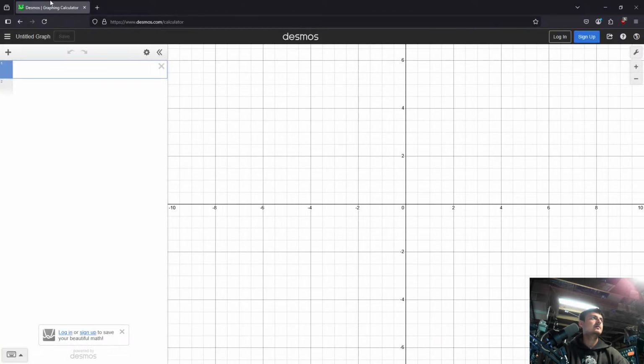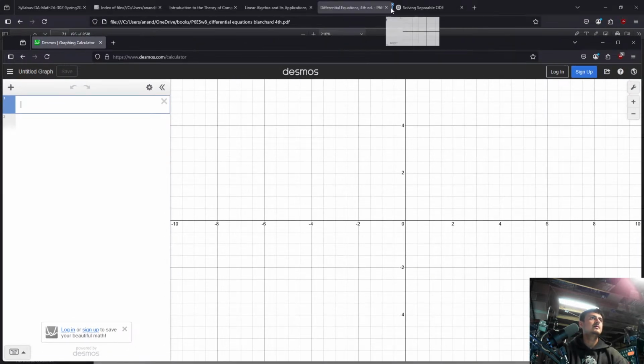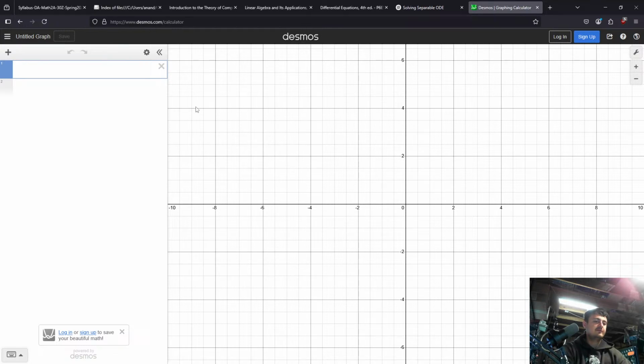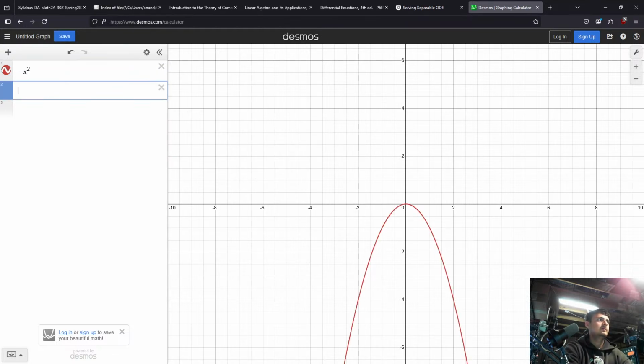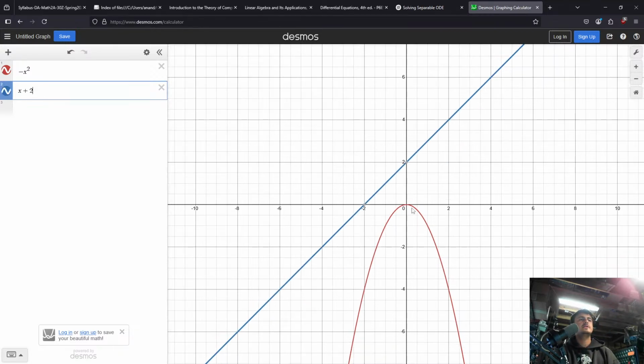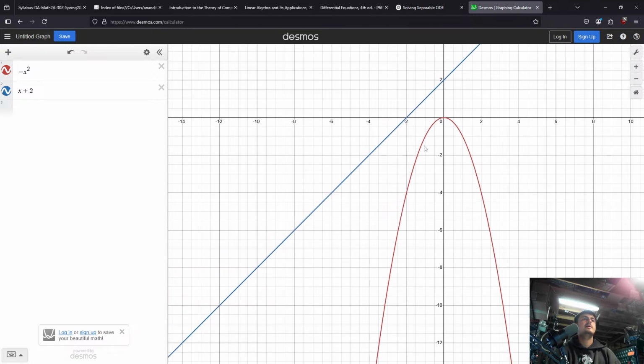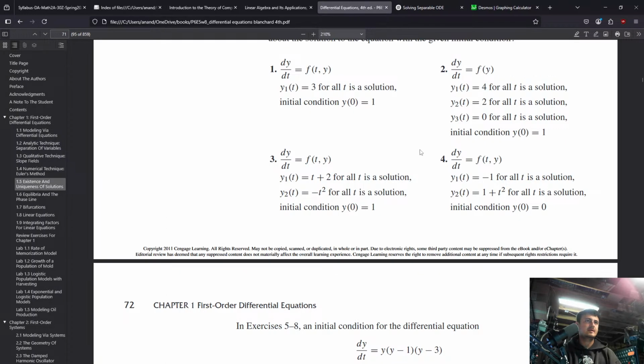So we have minus t squared, and we have t plus 2. Okay, so these solutions never intersect. But what's great about this is the initial condition of y of 0 is equal to 1. So we know that it's just bounded by them. I don't know if we know anything else.